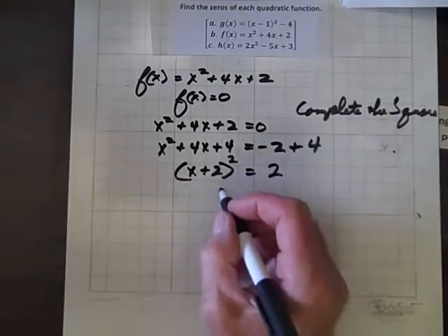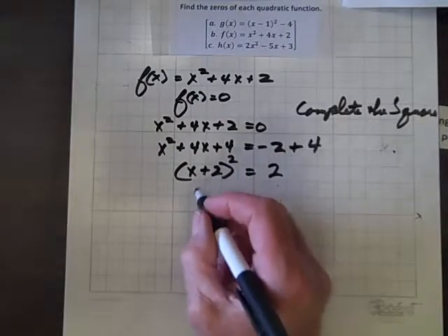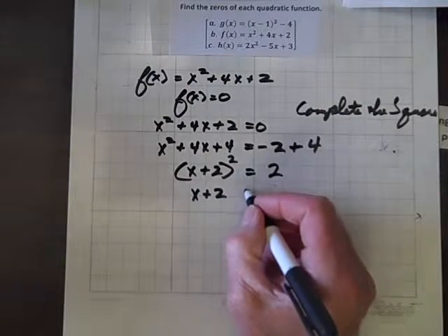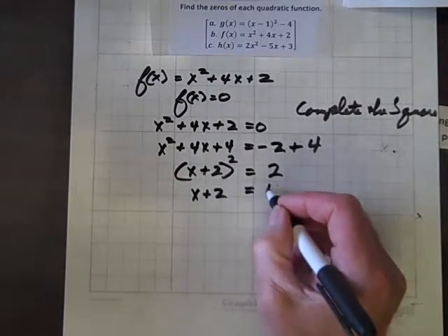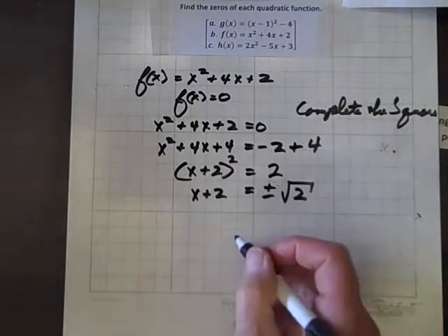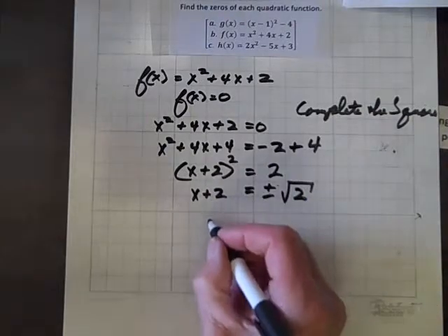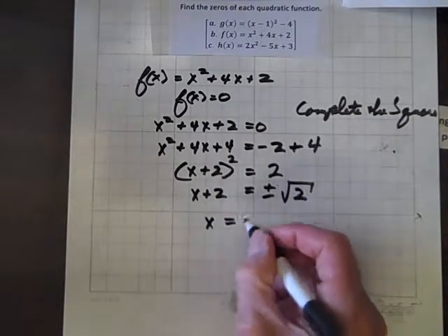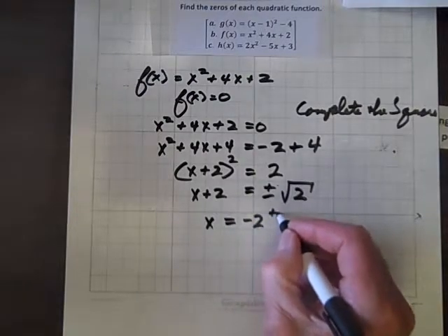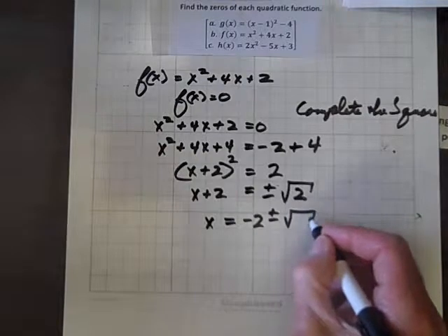So we're not going to square this out. We'll simply use the square root property that tells us that x plus 2 equals plus or minus root 2. And now, isolating x, subtracting 2 from both sides, we get x equals negative 2 plus or minus root 2.